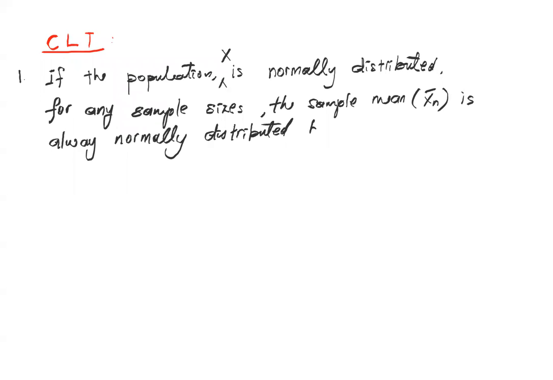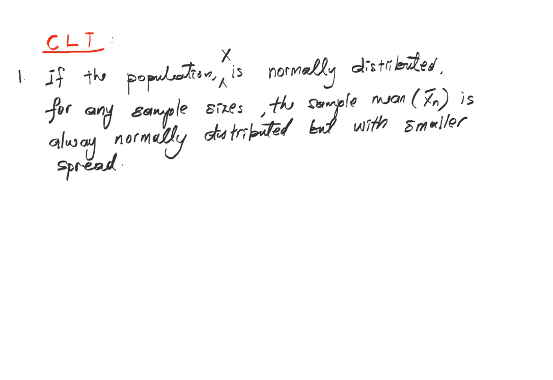But with smaller spread. So that will explain the first point that, however, this value depends on the normality of the original variable X. So if my X is normally distributed, my sample mean distribution sure will be normally distributed.